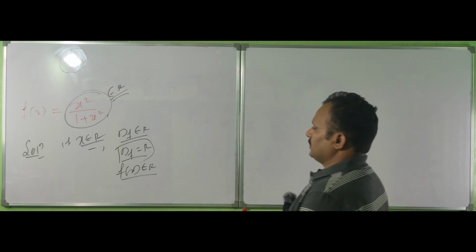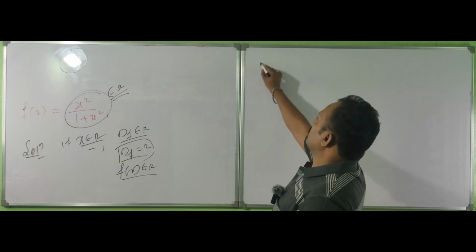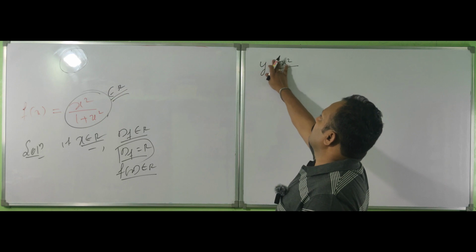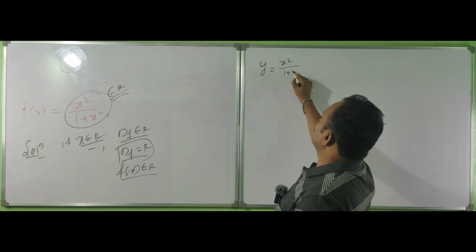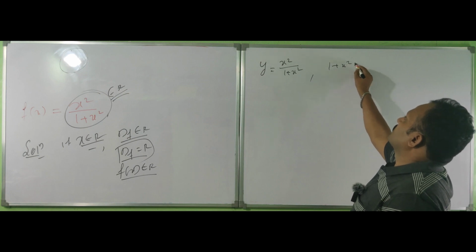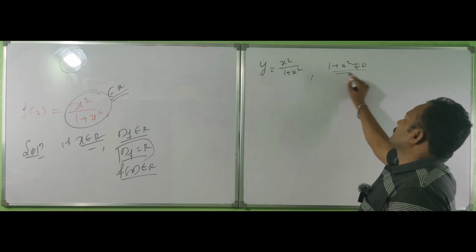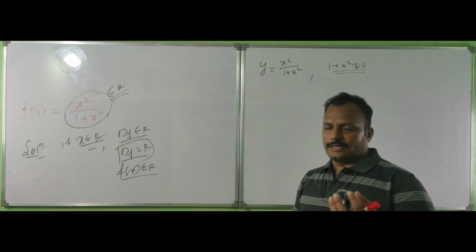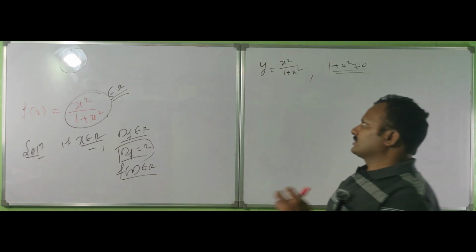Let's consider y is equal to x square divided by 1 plus x square, and 1 plus x square not equal to 0. This is the condition. Now find x in terms of y, x as a function of y.